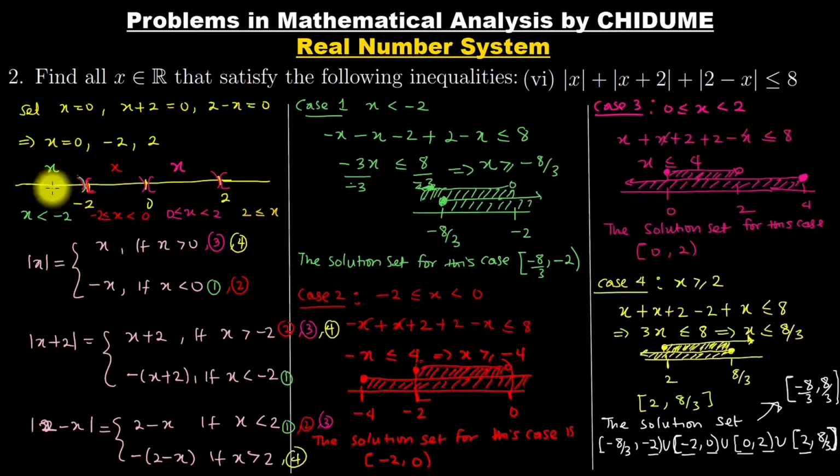I think negative 8 over 3 is somewhere here, and 8 over 3 is somewhere here. So any value of x you pick outside this region will not work for this inequality. You can always test it by yourself. So let's move ahead to the next question.